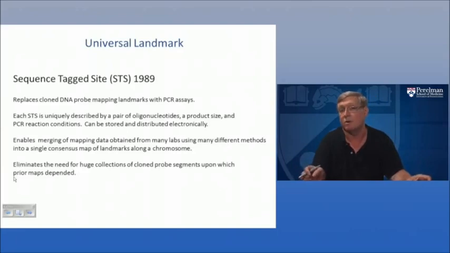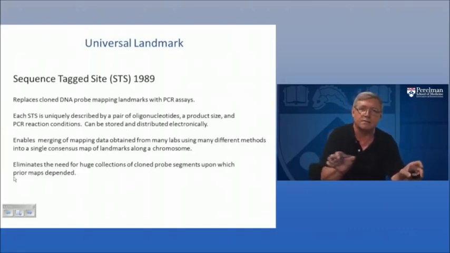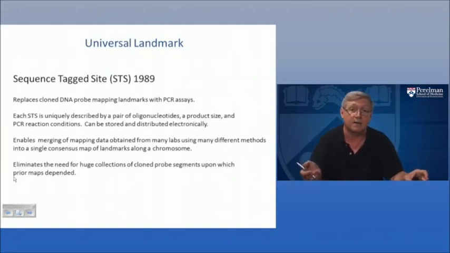Any lab that wanted to create the landmark would simply need to download those sequences and the spacing of those oligonucleotide sequences in the appropriate PCR conditions, and you could regenerate the PCR assay in your own laboratory without having to go through all of the hassle of distributing clones and making sure it's the right clone and so on and so forth. And so this really enabled the mapping technologies and propelled the projects forward.